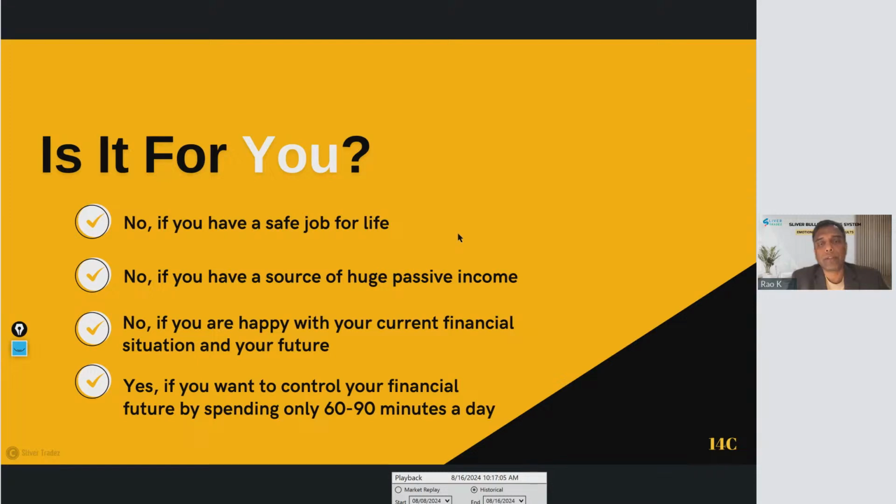I never set the profit target of 3,000 in any of my previous demonstrations, but today I just went ahead and did it because a lot of theory I did not cover, so I thought I'll compensate by doing an extensive demo of the software. But now the question is whether this Silver Bullet trading system is for you.